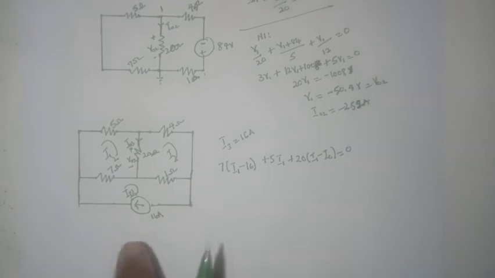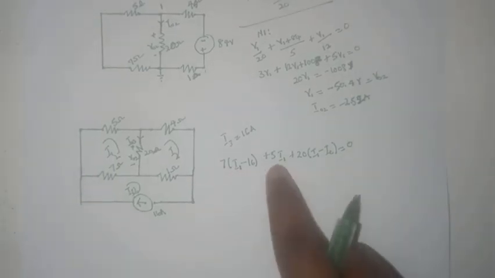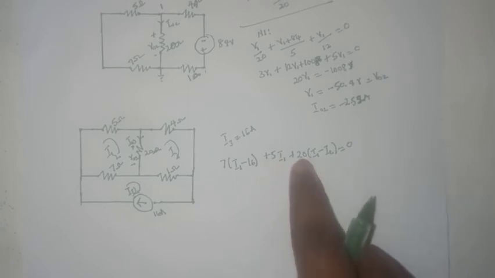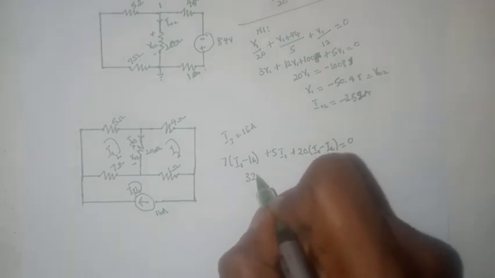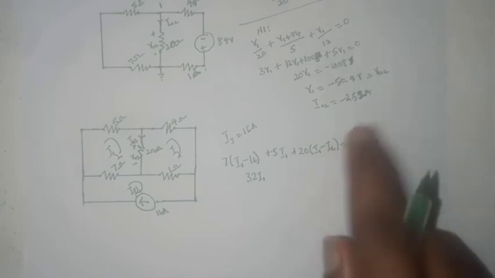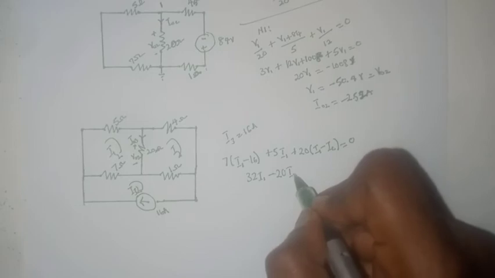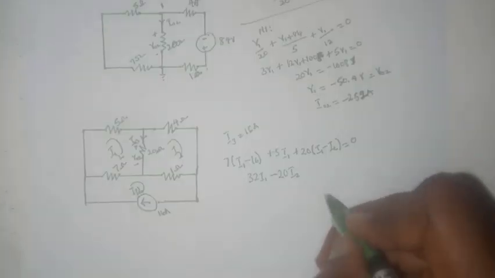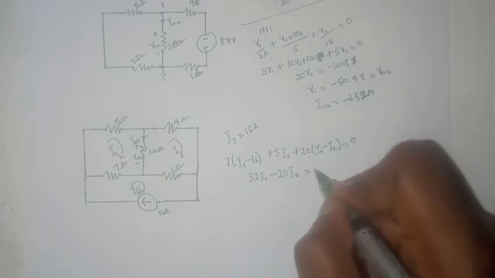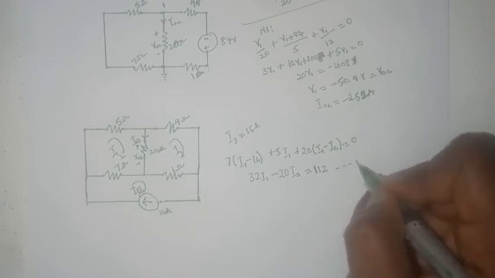We have 7 plus 5, that is 12, plus 20, which is 32. So we have 32 I1 minus 20 I2 minus 112 equals 0, and we can call that our first equation.